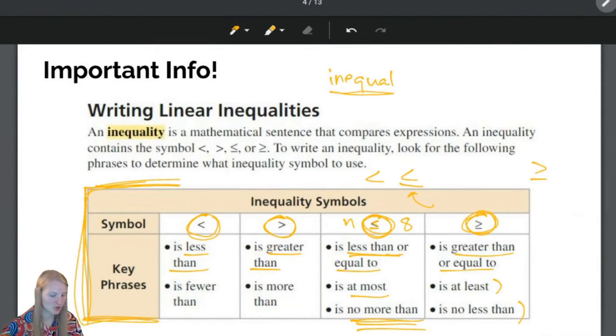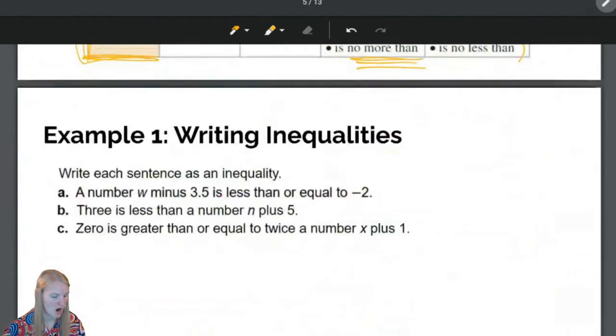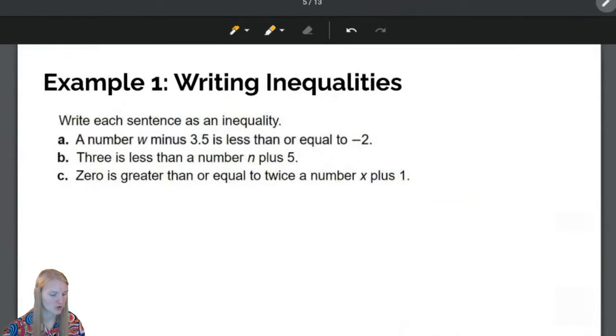Okay, let's use some of these symbols. Our first example wants us to write inequalities. So, let's look at A here. A number w minus 3.5. Okay, so first off, I see w minus, so let's write that out, w minus 3.5.